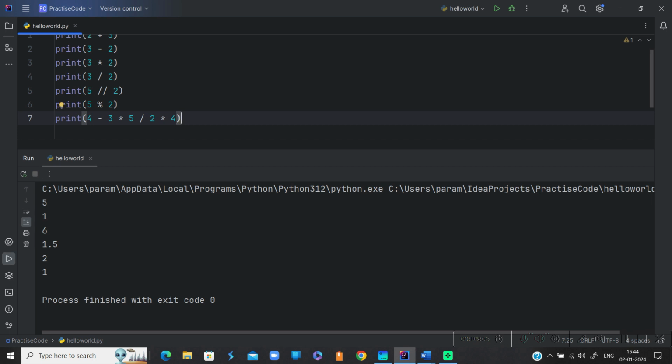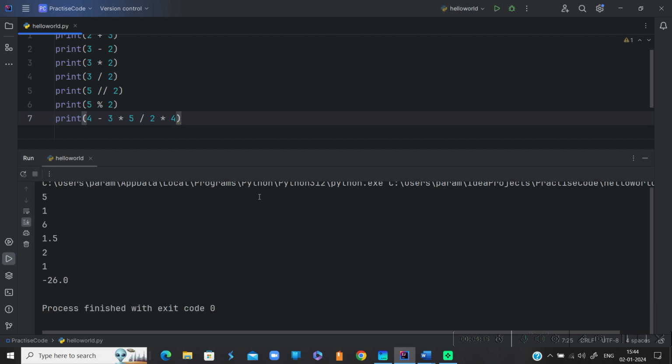I'm expecting the result would be 10, but what happens? Check it out. We are getting minus 26. Even that is a floating point number. So why is this happening?